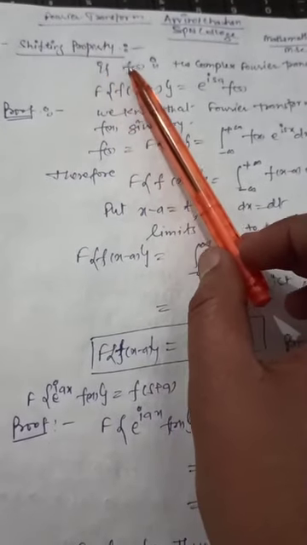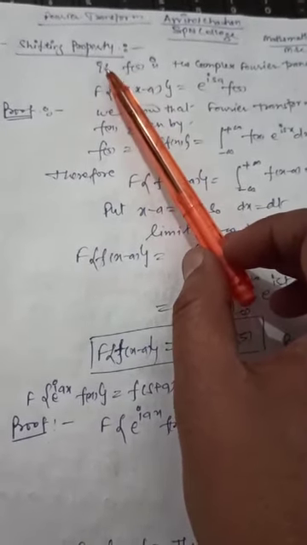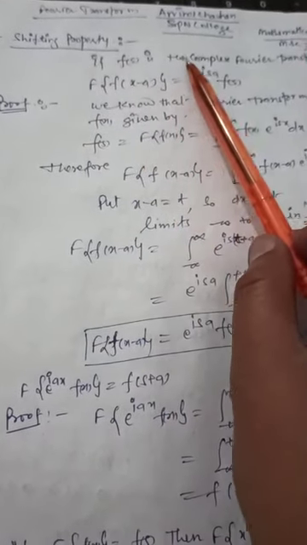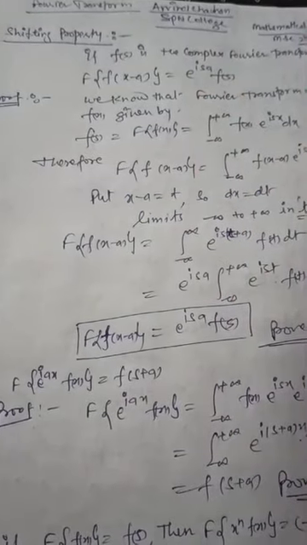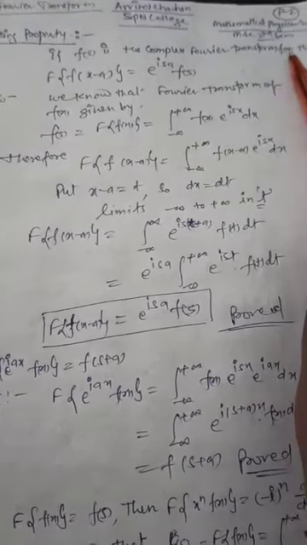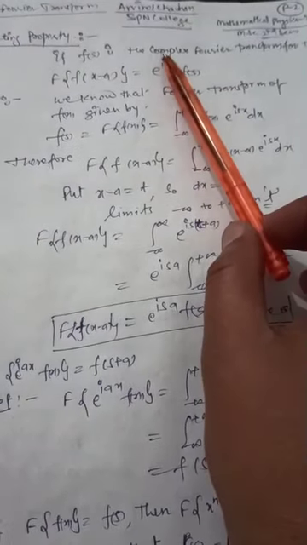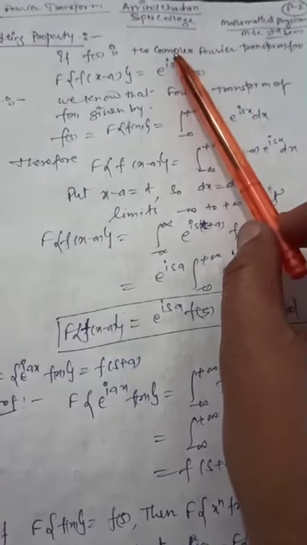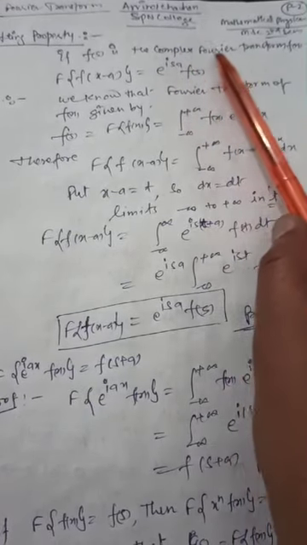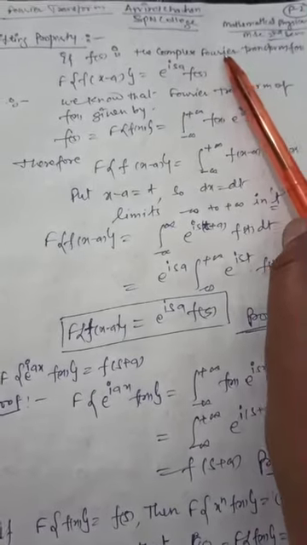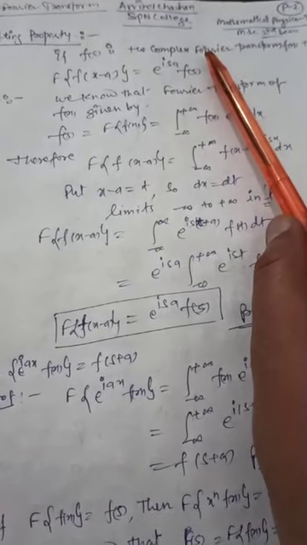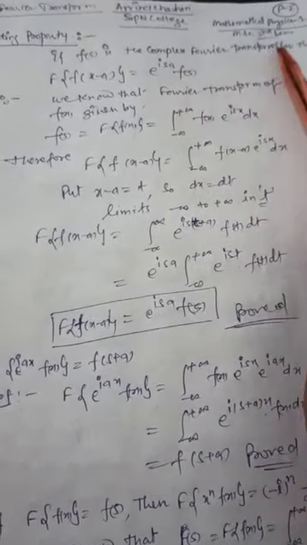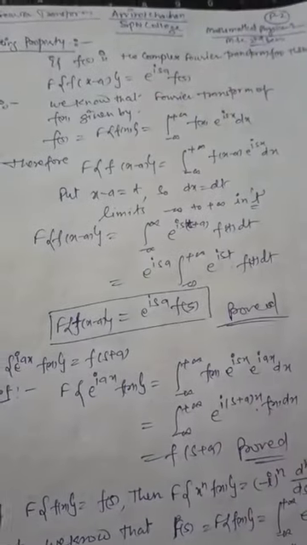If f of s is a Fourier transform of f of x, either you call it the complex Fourier transform, or you can say, generally, the Fourier transform. Basically it's a complex Fourier transform, but generally we can say Fourier transform.